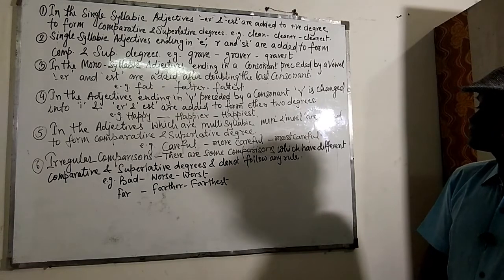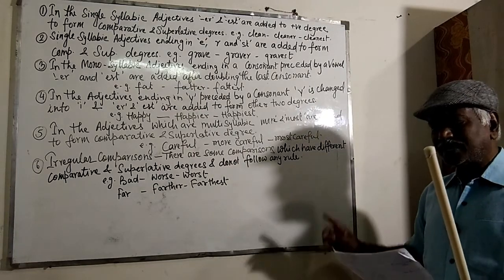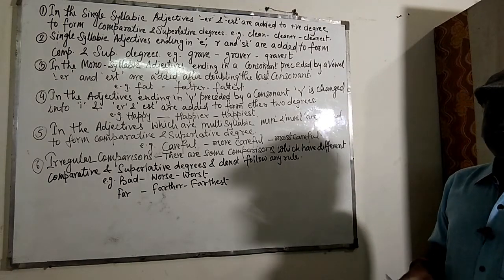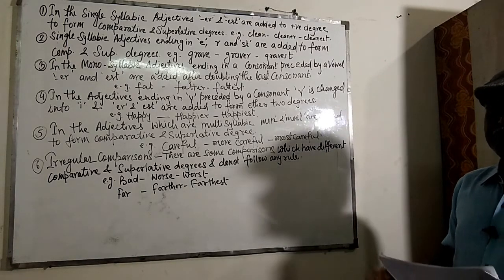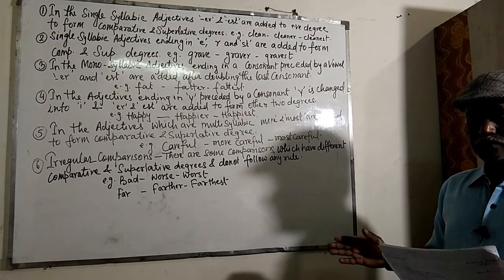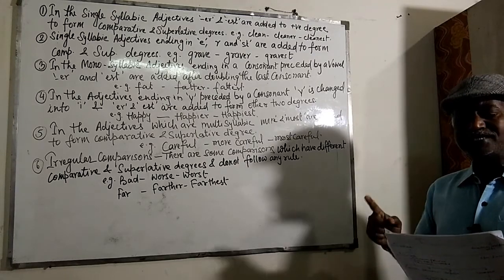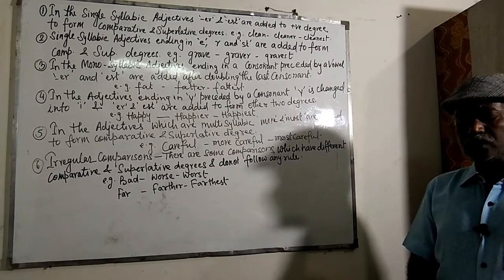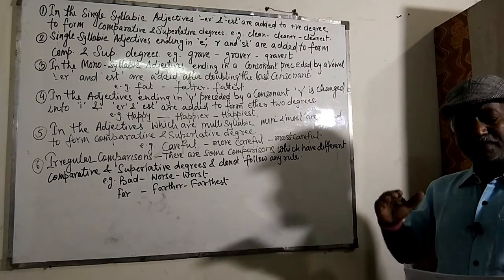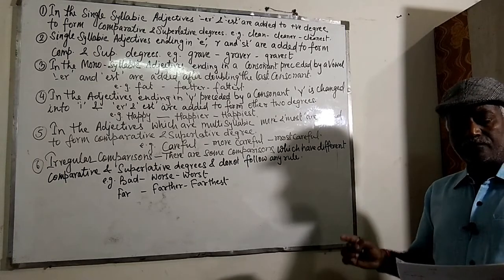Next, when we mean one selection out of two nouns or pronouns, the comparative degree is preceded by the and followed by of.